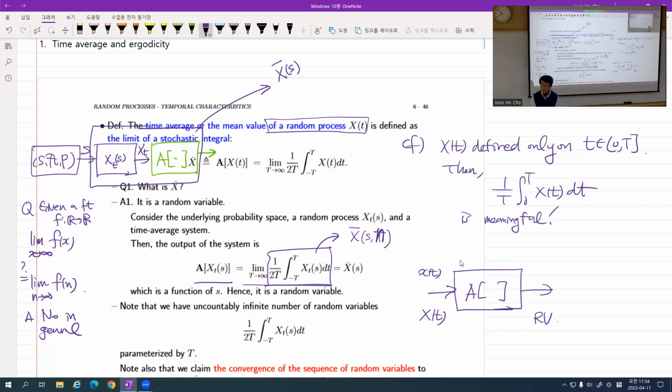And unfortunately, in high school, not in university or college, we didn't carefully define the limit of a sequence. We just said, in an engineering sense, for sufficiently large n, what is the value of the sequence?